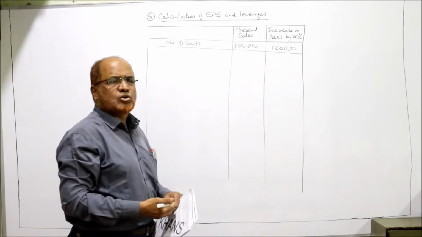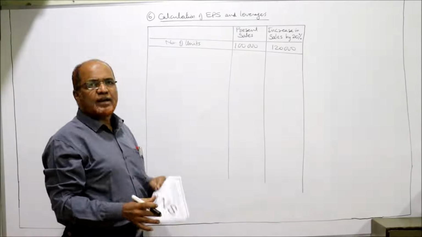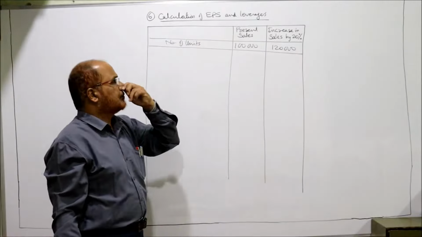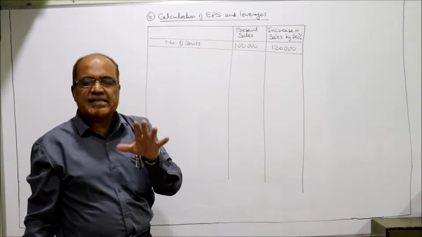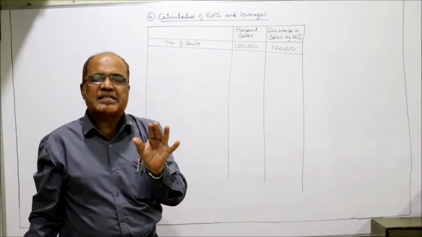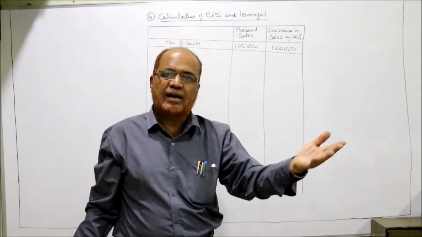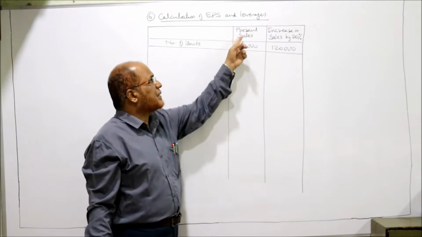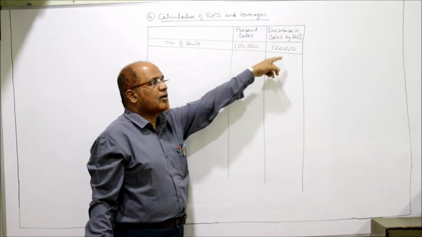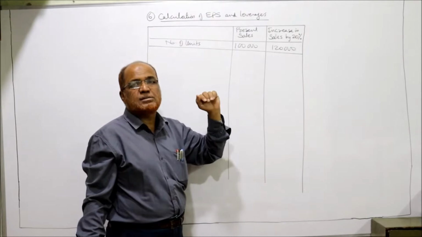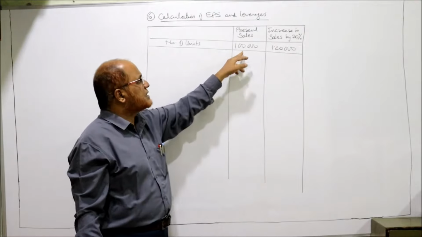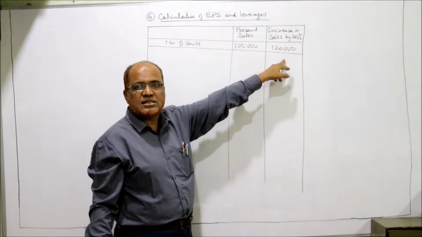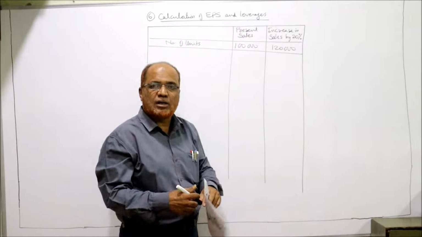See here, I am making these columns. First of all, we are calculating EPS and leverages. It is given in the problem, sales have increased by 20% from 1 lakh units to 1,20,000 units. So I have opened two columns. The first column present sales and the second column increase in sales by 20%. So present sales are 1 lakh, increased sales are 1,20,000 units.